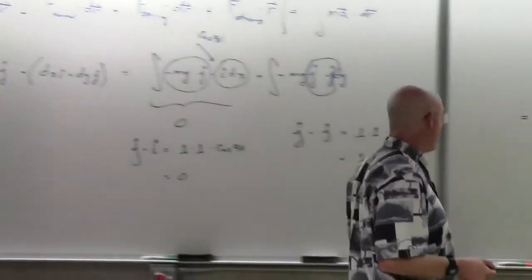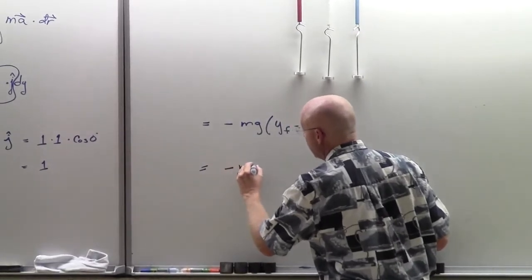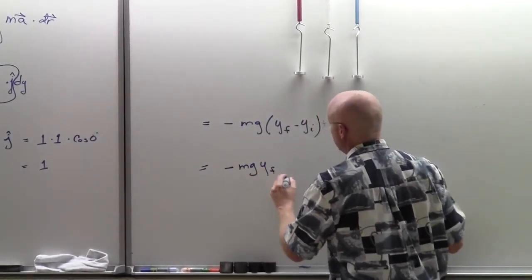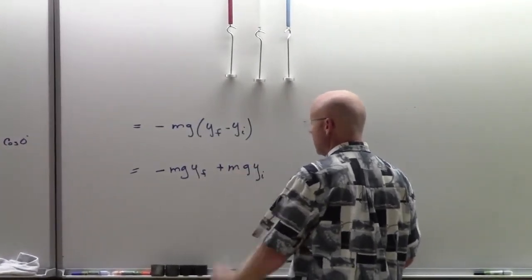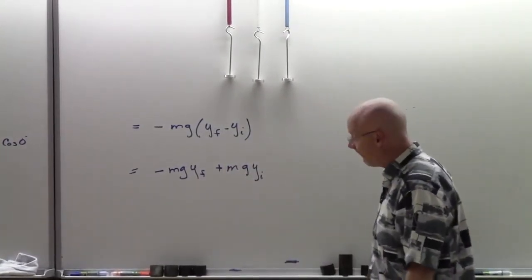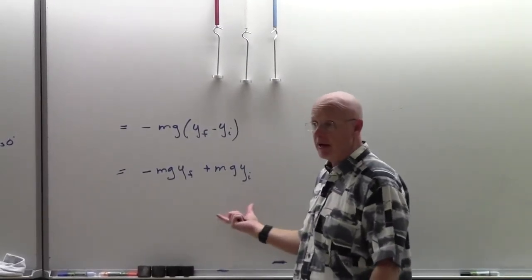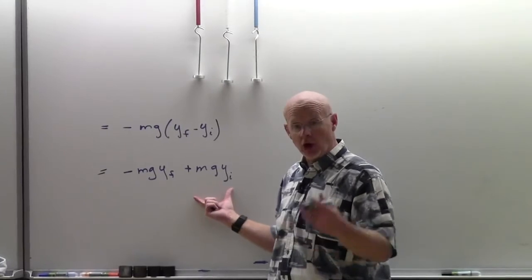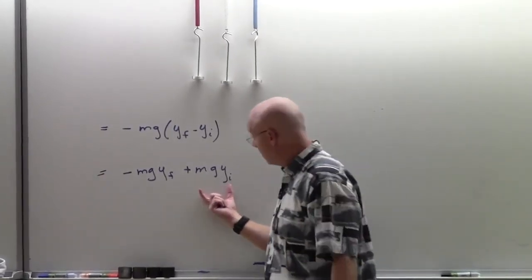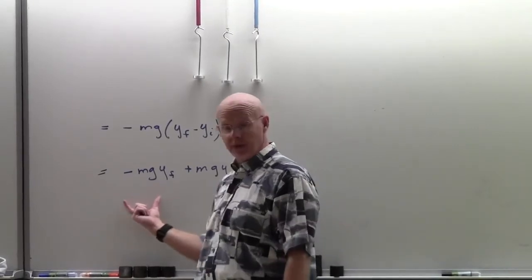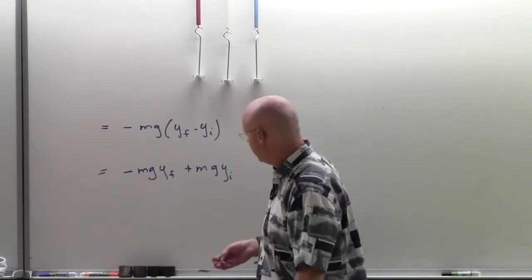I like to separate it into its two pieces: negative mg y final plus mg y initial. So here's this object, this part right here is what I would call its initial potential energy, and this part right here would be its final potential energy.